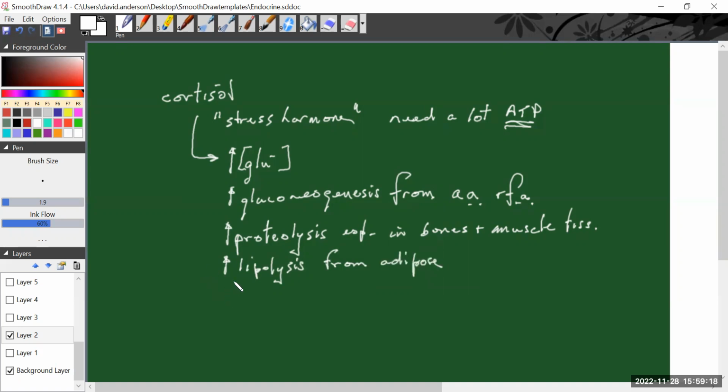But the other thing that's associated with cortisol is that it is a negative influence on our immune system. So chronic stress, we know, can make us sick, and this is the mechanism behind it.